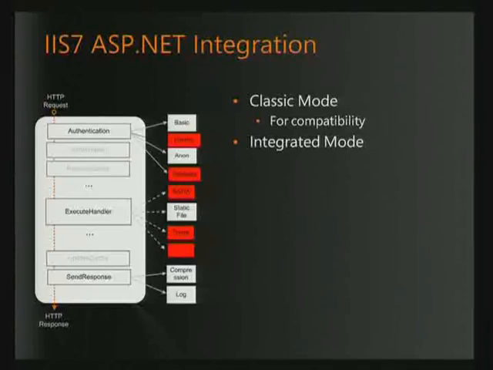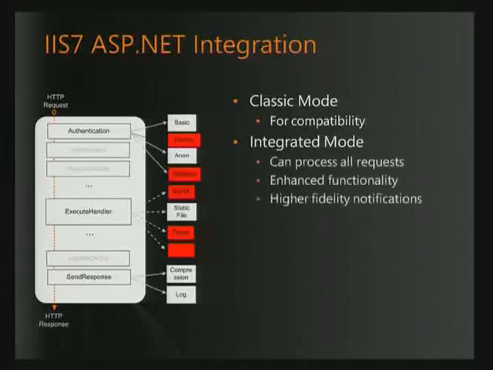And we are the ones who drive the process, and we are the ones who call each of the modules that need to be notified for those events. That means that suddenly ASP.NET can process every single request, whether it's a text file or a JPEG or an HTML static file. They can opt in and process the request and add value.